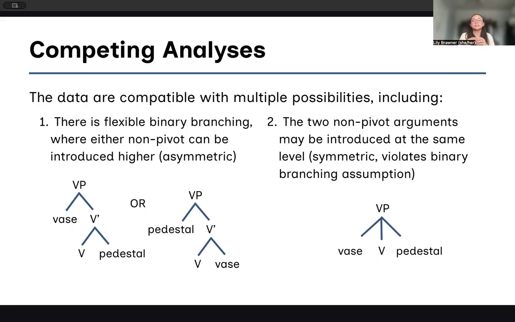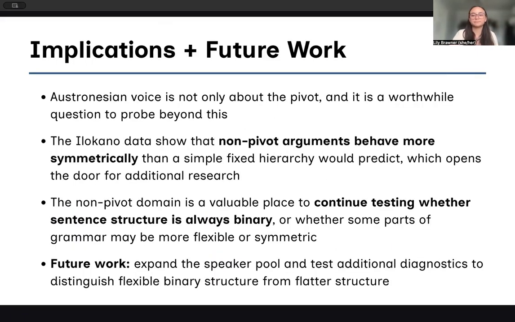Either Ilokano has the flexibility within the binary structure, or the non-pivot domain might involve something that's more symmetric. The broader implication here is that Austronesian voice is not only about which argument becomes the pivot. The pivot is central to some conversations, yes, but the non-pivot domain also contains syntactic information that can challenge our assumptions about argument structure. The Ilokano data suggests that non-pivot arguments behave more symmetrically than a simple hierarchy would predict.